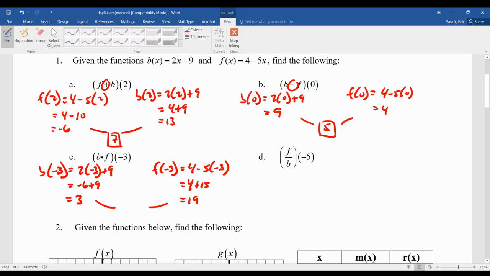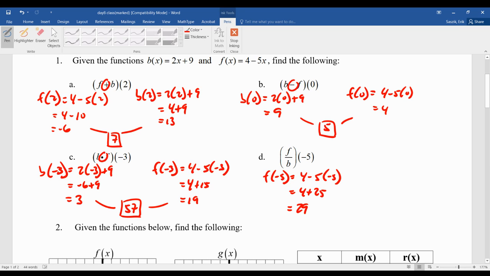Now we're asked to do what with these two things? There's a dot. We're asked to multiply. 3 times 19 is 57. F of negative 5. Again, careful with the negatives. So that's 4 plus 25. I don't know why I wrote 30. See, we all make mistakes.